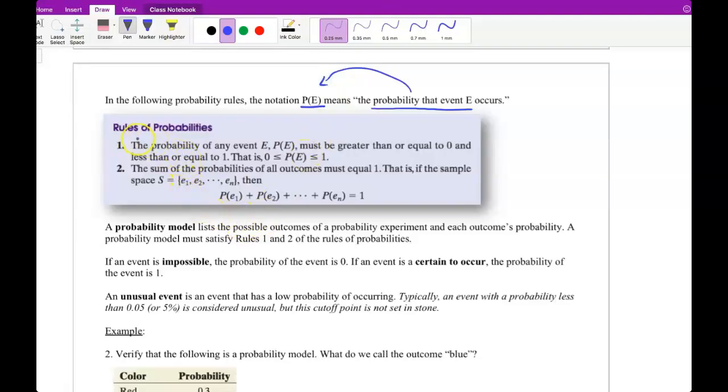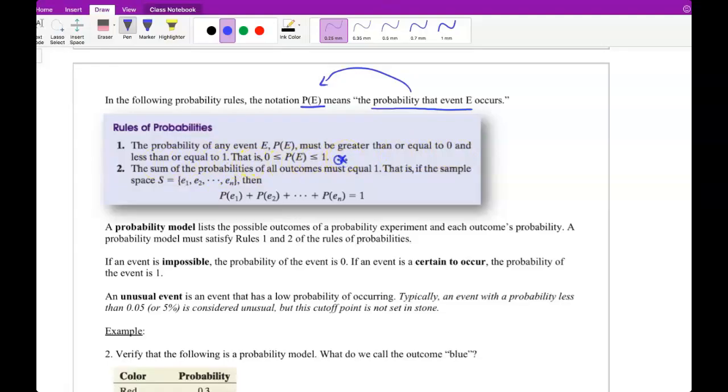Now on this box we have the rules of probabilities. The point is that the probability of each event should be between 0 and 1, and also when we add all those probabilities, the sum should be equal to 1. So the probability of any event E must be greater than or equal to 0 and less than or equal to 1.